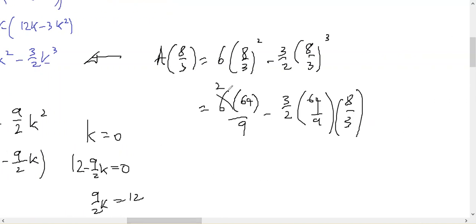So 3 goes into that twice, goes into that 3 times: 128 on 3 minus, 3 goes into that, 3 goes into that, 2 goes into that 4 times.